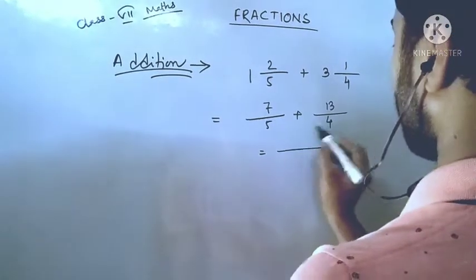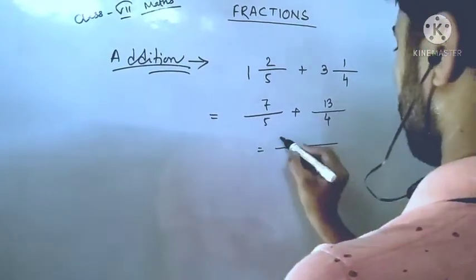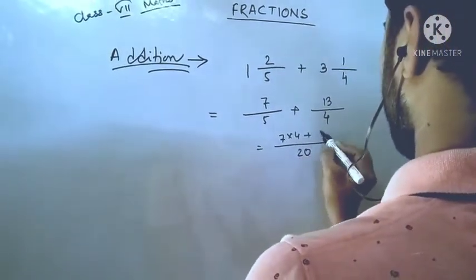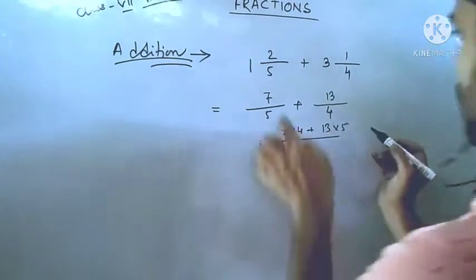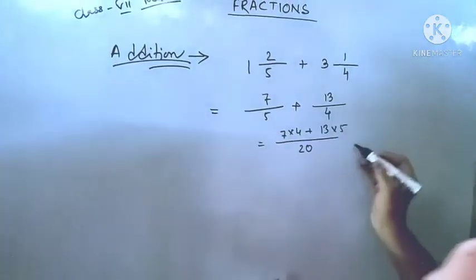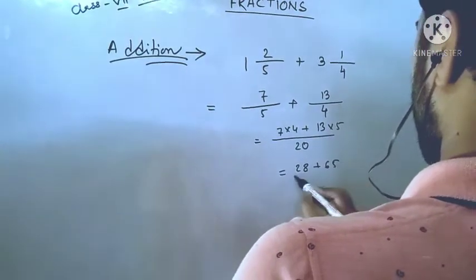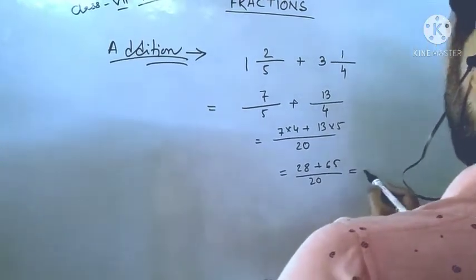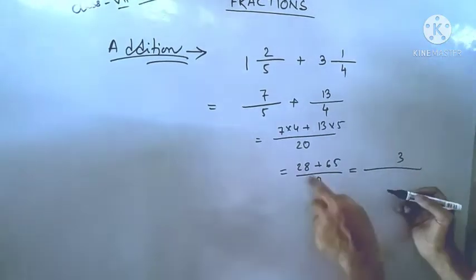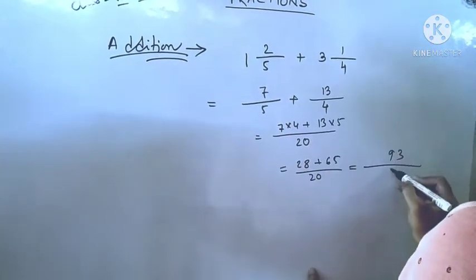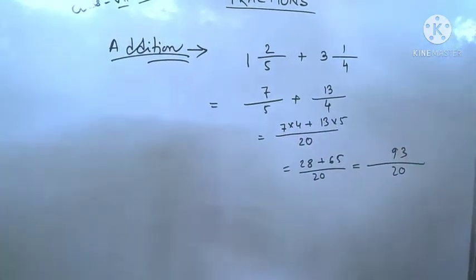LCM of 5 and 4 equals 20. So 7 into 4 plus 13 into 5. Just multiply. Okay. So 28 plus 65 by 20 equal to 93 by 20 will be the answer.